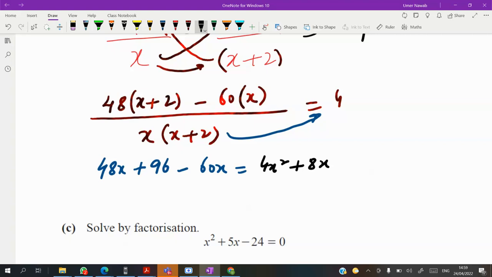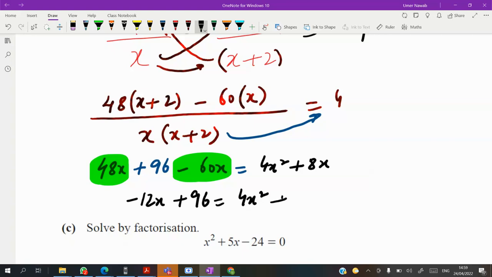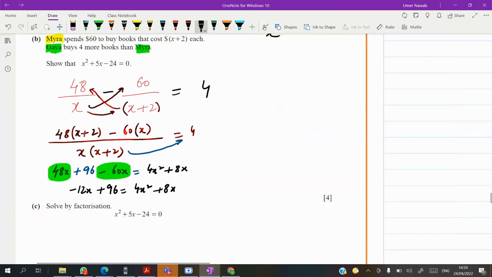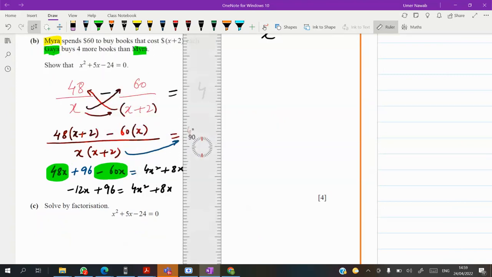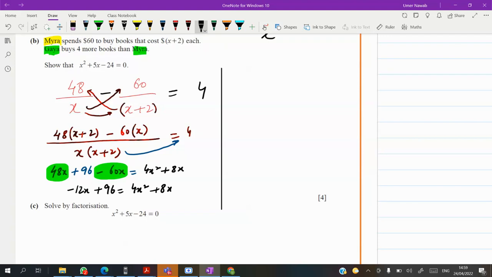Now it is turning into a quadratic equation. Can we simplify 48x minus 60x? It is making minus 12x plus 96 is equal to 4x squared plus 8x. Now send the left hand side to the right.